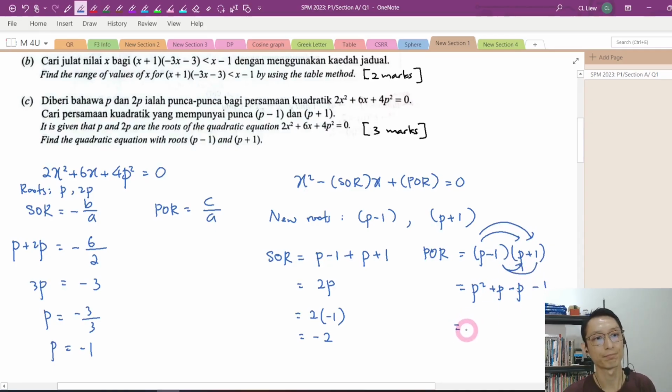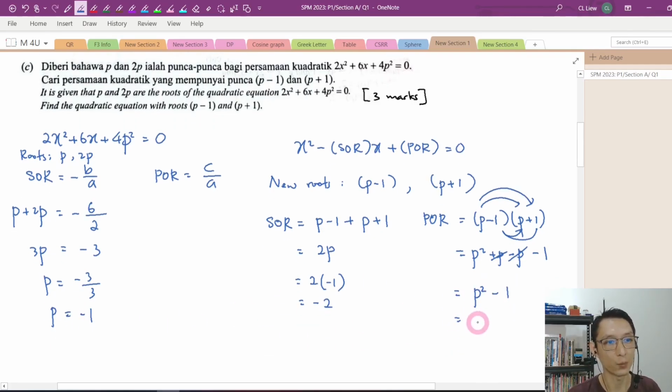Okay. So p plus p minus p, these two will actually cancel out. You will have p squared minus 1. And we know p is equal to negative 1, squared. Remember the parentheses. So this is 1 minus 1. Eventually you will get 0. Okay, now let's plug in all these values into here.